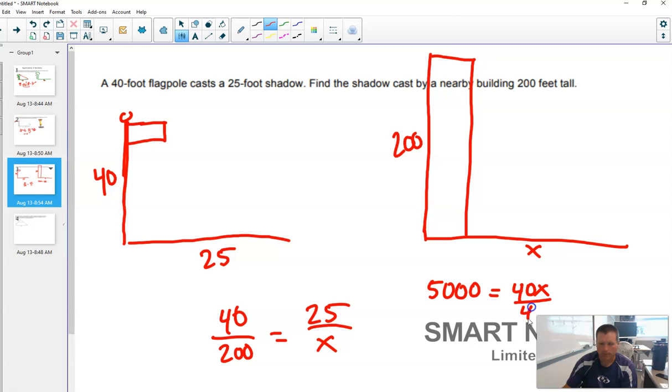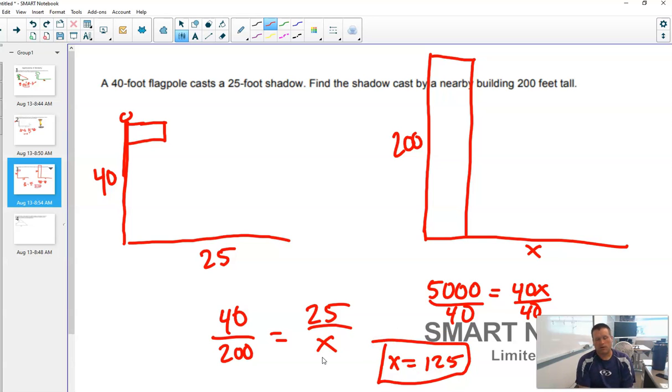So then I'm just going to divide by 40. And that'll give you how big that shadow is going to be, which is x equals 125 when you actually divide those. So 125 feet is what I get from that one. So hopefully this should be pretty simple. I always try to set up these proportions. It just helps me keep things straight here.